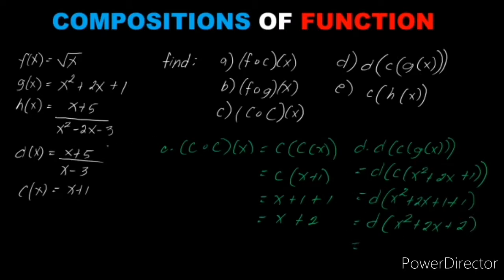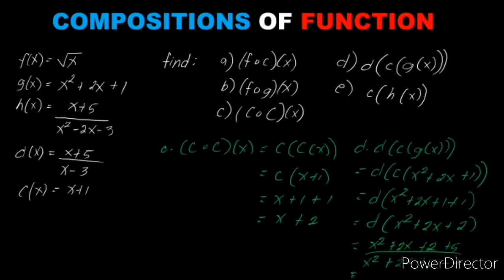Ang letter D natin ay x plus 5 over x minus 3. So we have yung x plus 5 magiging x squared plus 2x plus 2 plus 5, all over yung denominator naman niya ay x minus 3. So we have x squared plus 2x plus 2 minus 3.